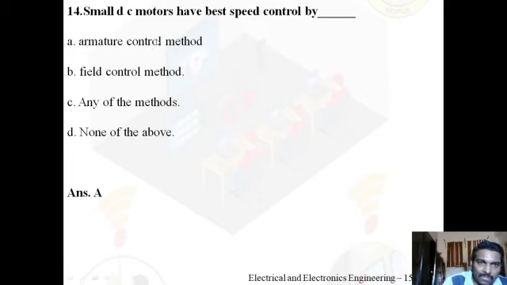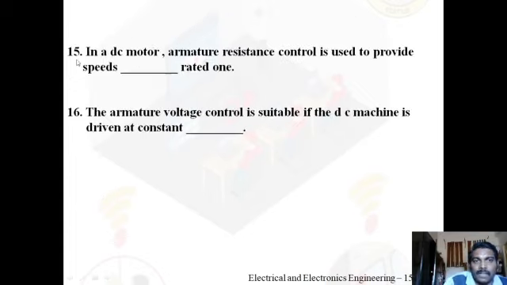So it is suitable for small DC motors. In a DC motor, the armature resistance control is used to provide speeds below the rated one. In the armature resistance method you have seen, the speed can be controlled below the rated speed.